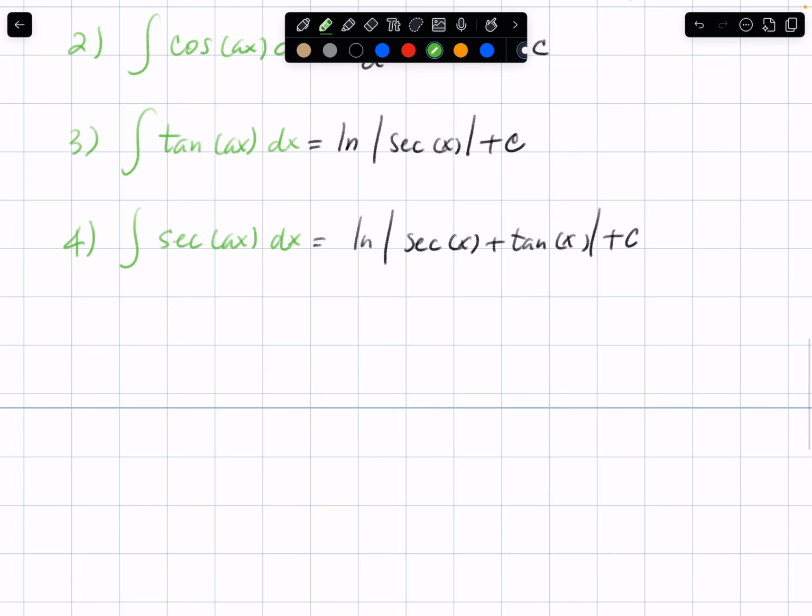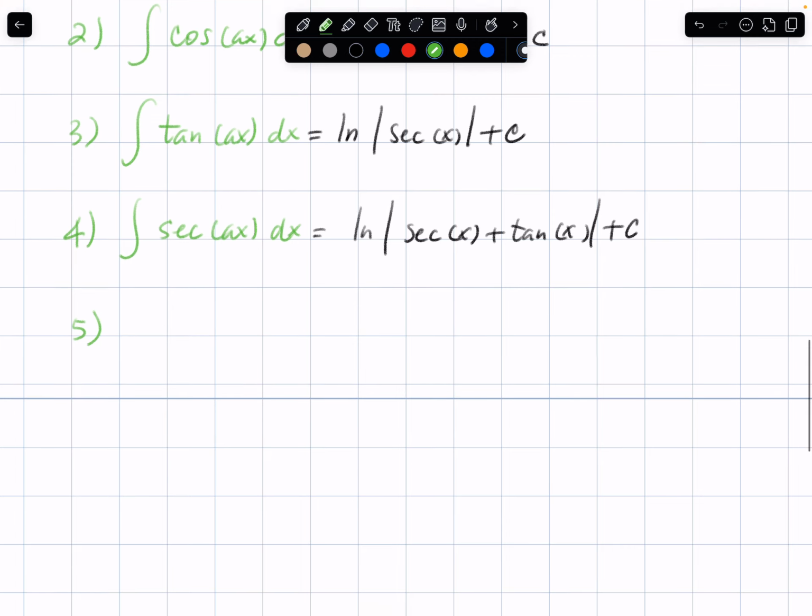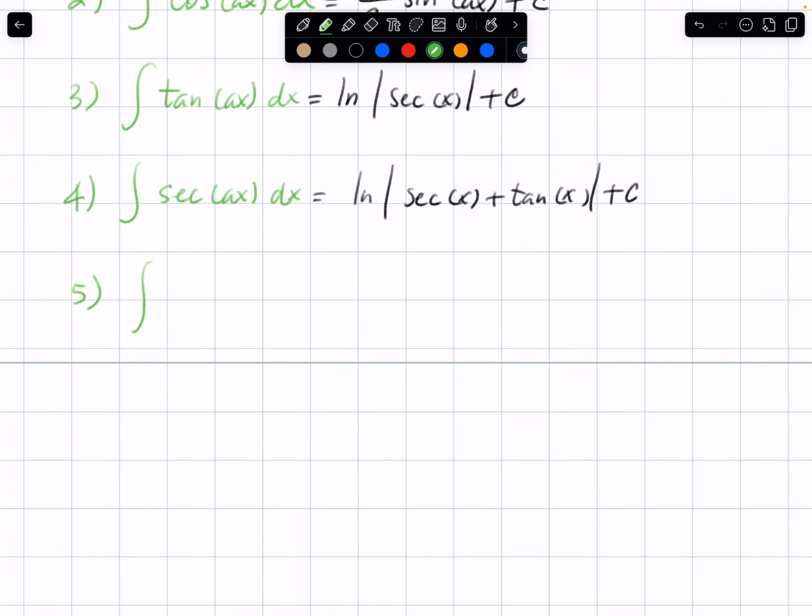All right, let's keep going for the stuff I want you guys to memorize. Then it'll be the integral of x plus a dx, and it returns the natural log of x plus a plus that constant.